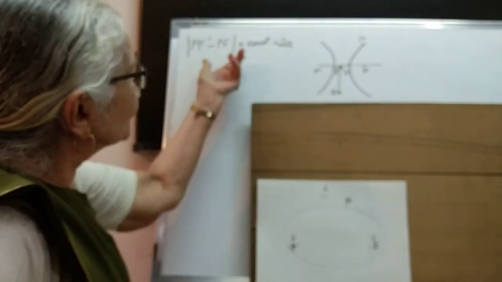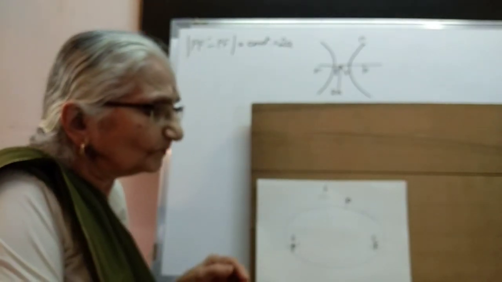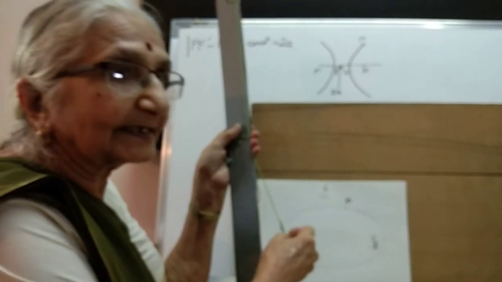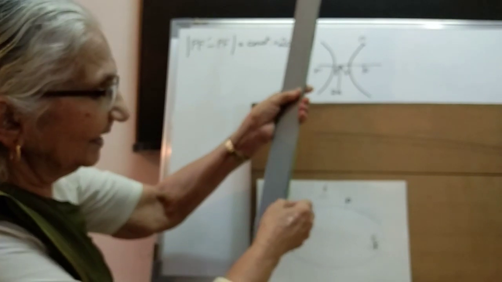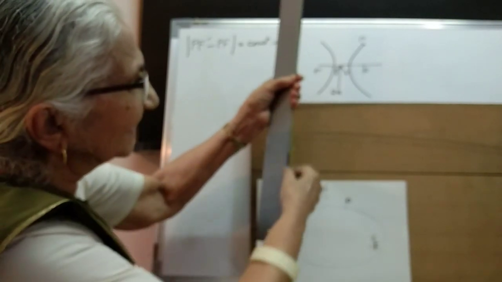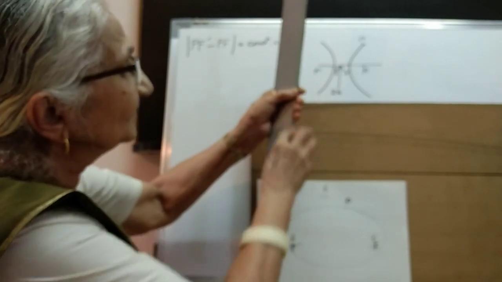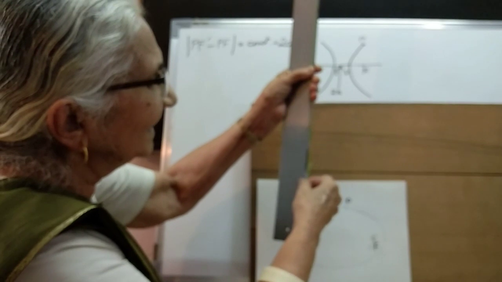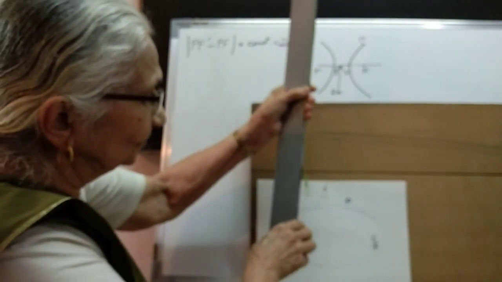Okay, using this we want to construct a hyperbola. Once again we have a strip. We have taken a thread. The thread is smaller than the strip, and if we call this length L, the whole length L is, this is say S and this is F, going to be F dash.